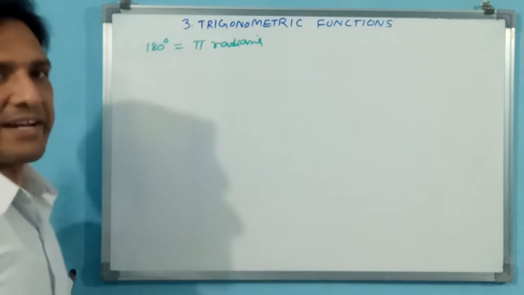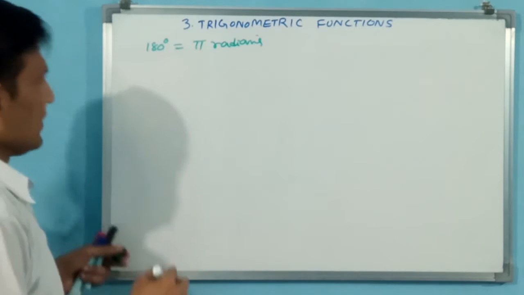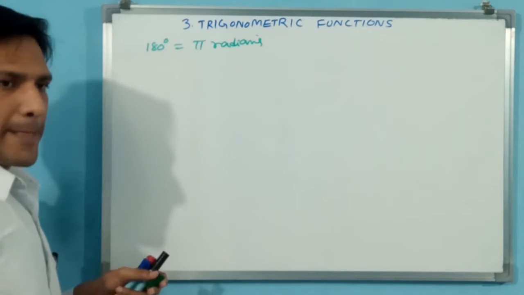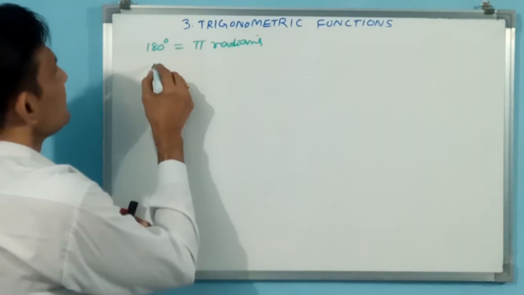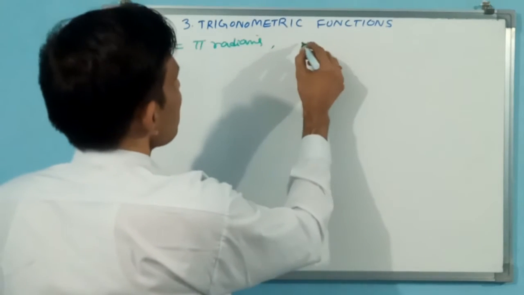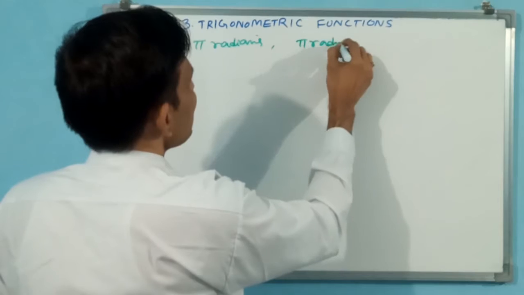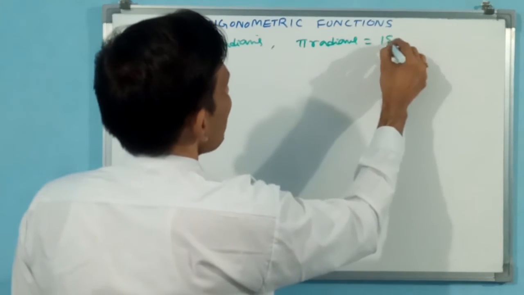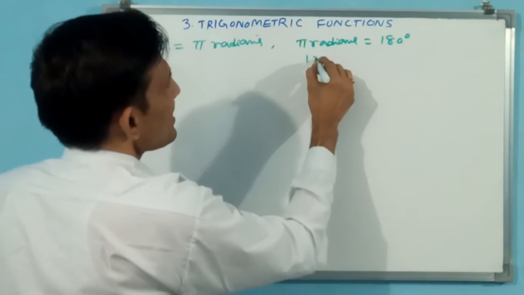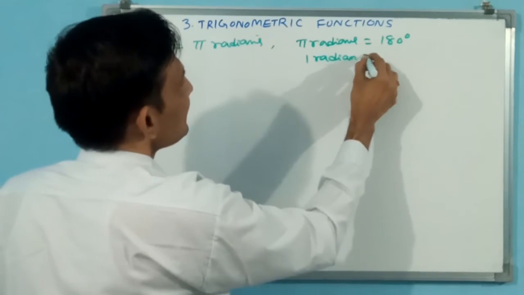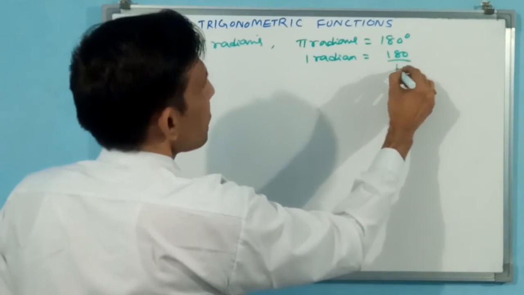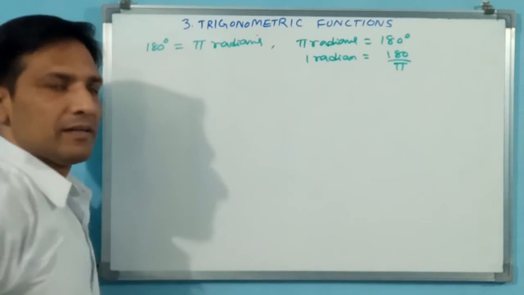This you take as a standard. Now 1 radian, this also you can reverse. Pi radians is equal to 180 degrees. 1 radian is equal to 180 by pi degrees.